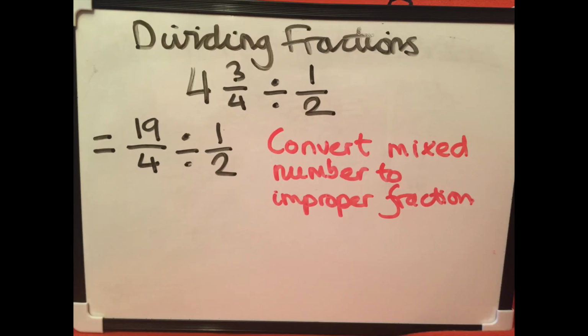Dividing fractions uses the similar techniques. First of all, we convert our mixed number to an improper fraction. So in this case, we get 19/4 divided by 1/2. But we can't do that directly. We have one more step to do.